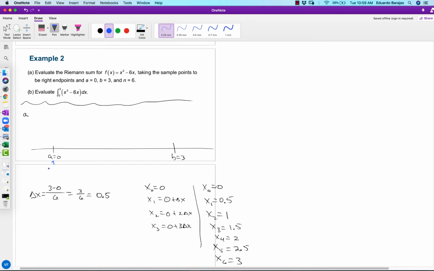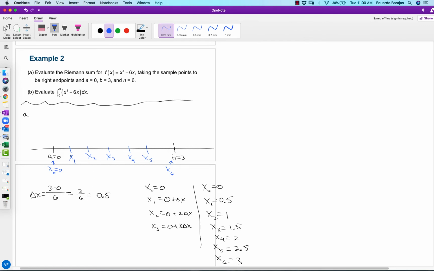This point right there, x sub naught, will be 0, and over here we'll have 1, 2, 3, 4, 5. Well, not exactly. They're supposed to be equal looking, but that's okay. x sub 6 equals that guy, x sub 5, x sub 4, x sub 3, x sub 2, x sub 1.